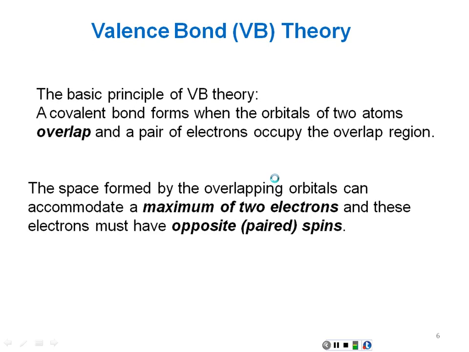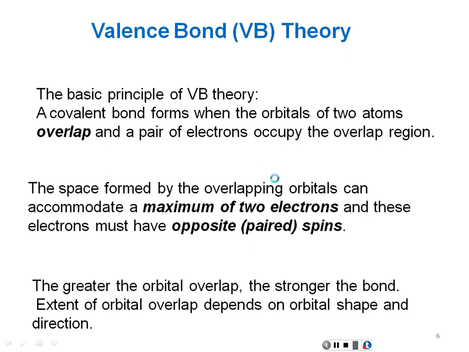The space formed by the overlapping orbitals can accommodate a maximum of 2 electrons, and these electrons must have opposite signs, so they must be paired electrons. The greater the overlap of the orbitals, the stronger the bond. And the extent of this orbital overlap depends on the orbital shape and the orbital direction.